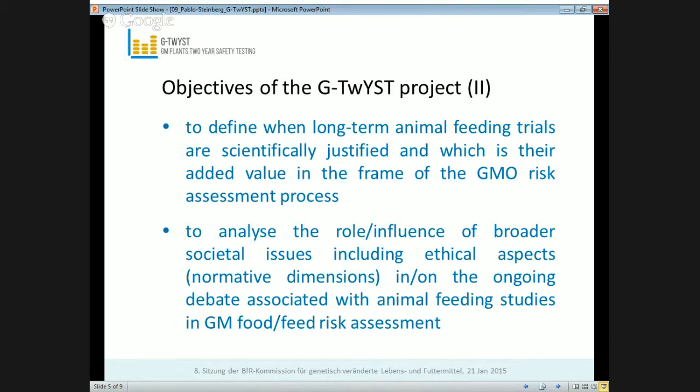And then the most important question is, what is their added value in the frame of a GMO risk assessment process?